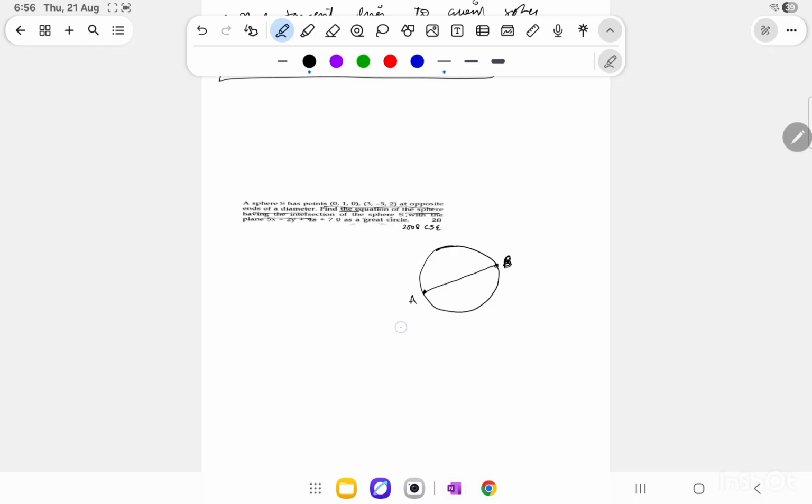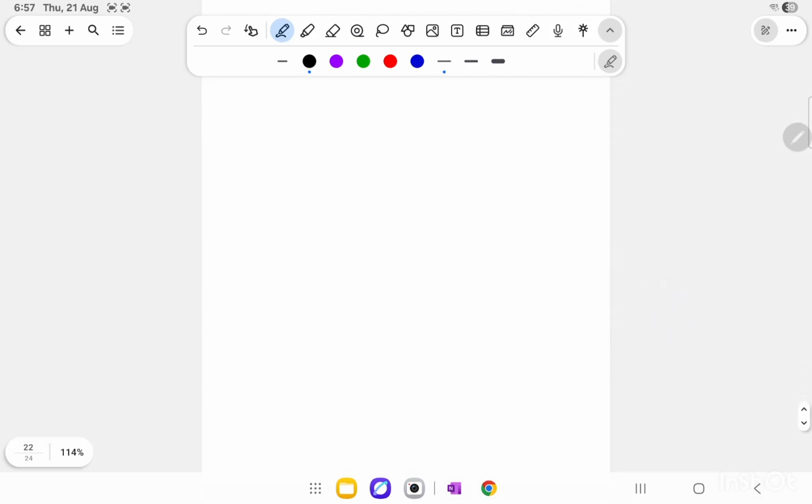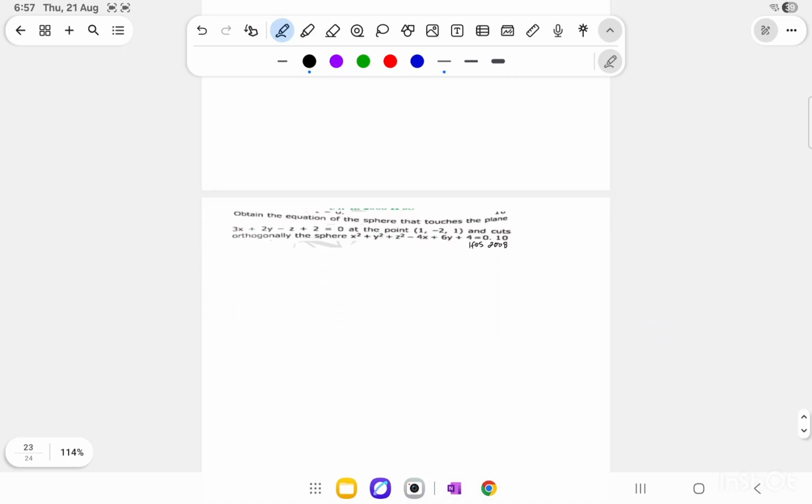So if this is my given plane, I am supposed to find the equation of a sphere for which the circle formed by the intersection of the plane and the given sphere acts as a great circle. This is a repeated question. We have done a similar question before. So let's move on to the next question.